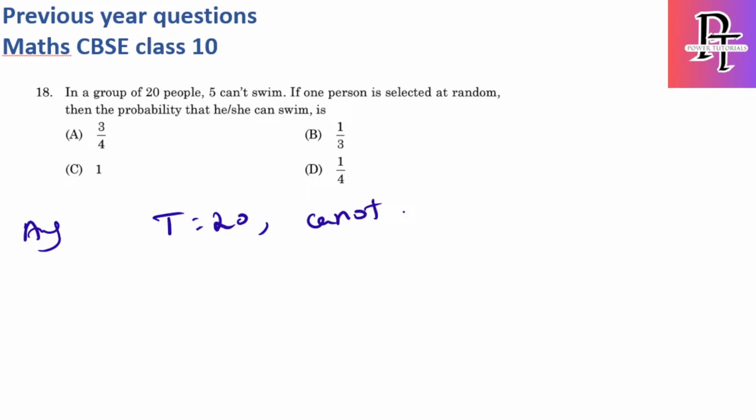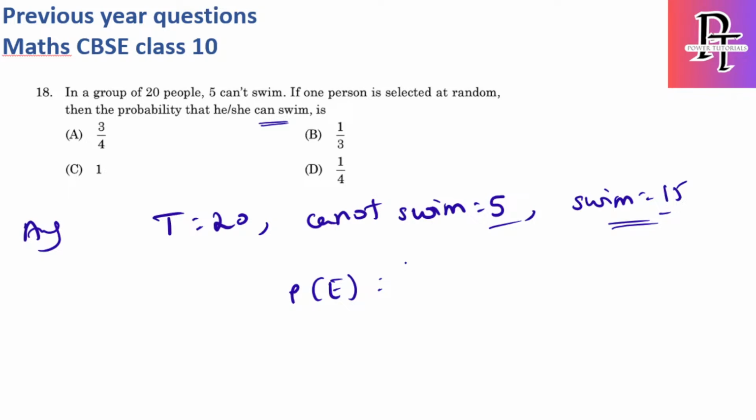So definitely swimming persons are how many? 15, because cannot swim is clearly mentioned as 5. Now let's see the question. If one person is selected at random, then the probability that he or she can swim. Can swim, you have to consider this case. So probability of this event will be swimming cases by total cases, that is 15 by 20. If I divide by 5, it becomes 3 by 4.